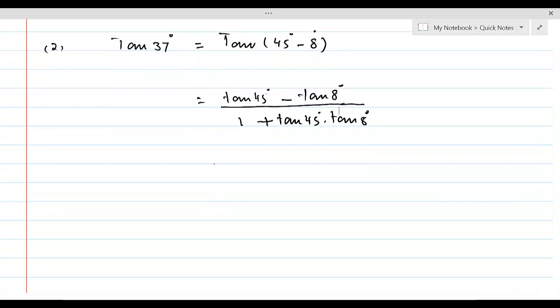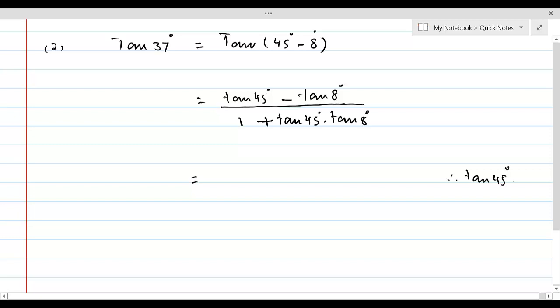Tan 45 degrees is a well-known value and is equal to 1. Therefore, this value is 1 minus tan 8 degrees over 1 plus tan 8 degrees.